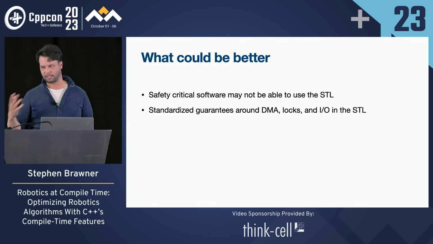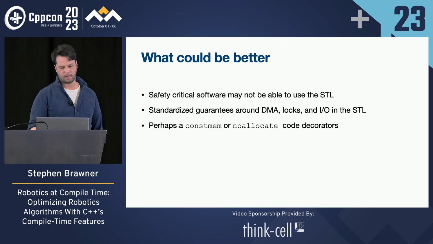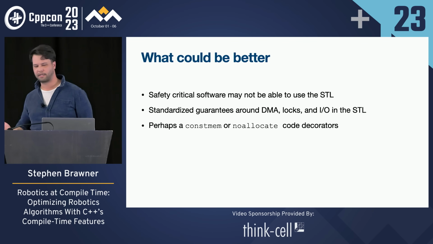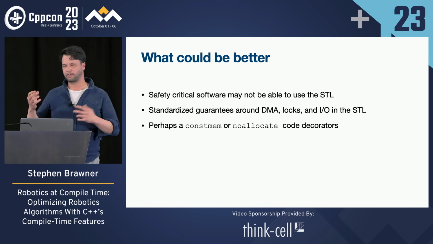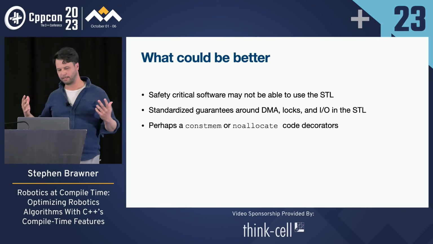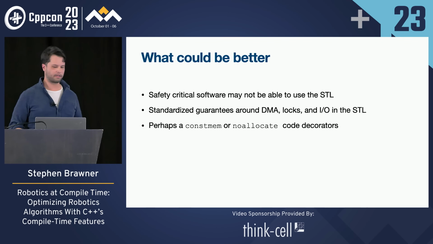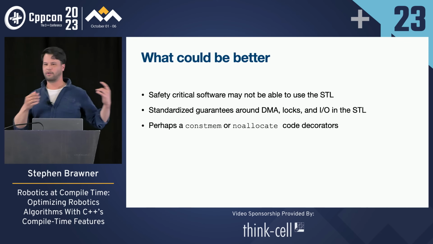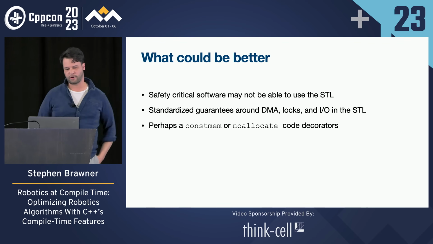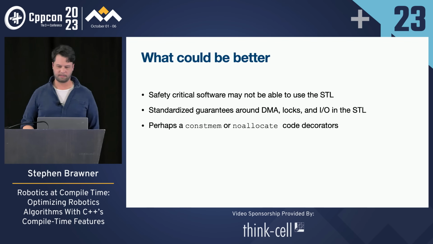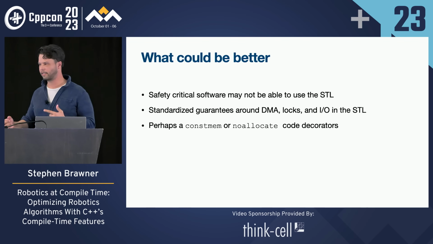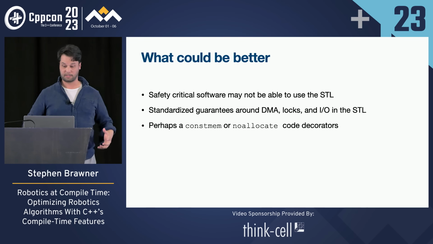Briefly, constexpr didn't allow dynamic memory allocation, but perhaps we could add a constmem that ensures there's a flow down of, this does not dynamically allocate. Or perhaps like noexcept, there's a noallocate. So we can track that these things are not happening, and then we can point to the regulators and say, yes, this code does not do this.